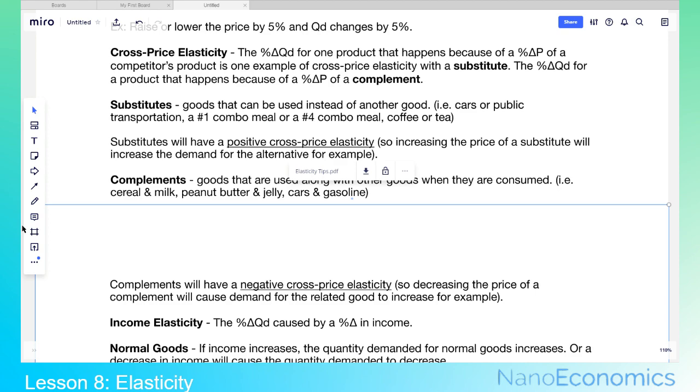If the percent change in quantity demanded increases as a result of a decrease in the price of the other good, then they're complements. So when the price of jelly decreases, the quantity demanded for peanut butter might increase. Or if the price of smartphones decreases, then the percent change in quantity demanded for apps would be higher.